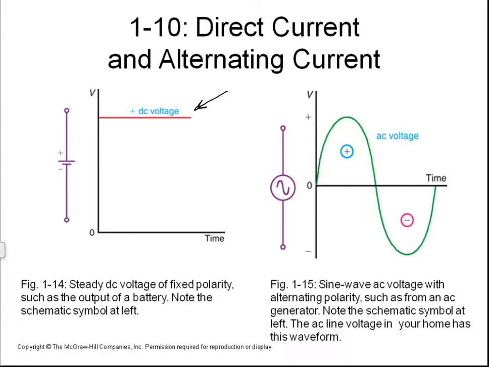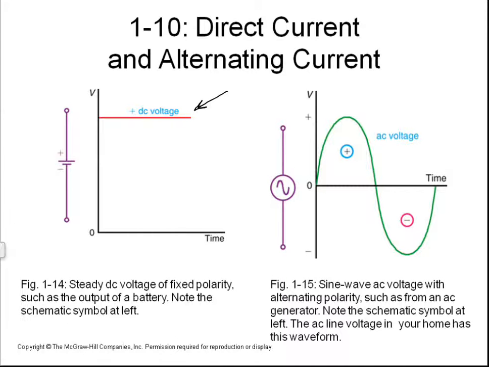A little quick bit of trivia on aircraft: we often run 400 cycles per second, and that allows us to reduce the size of the components used in the power system, and therefore smaller pieces on aircraft. If the guys way back then could have made their hand crank generator run 400 cycles, we would have a much smaller power grid as far as components go, and we would have a lot less line loss, because we lose an awful lot of power just transmitting from the power station to your home.